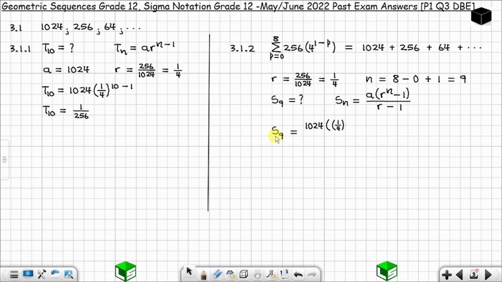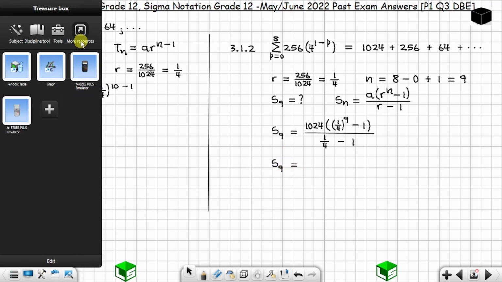So this is to the power of 9 minus 1. You close the bracket over R minus 1. R is the common ratio, so this is the common ratio again, minus 1, right? And this is equal to, get a calculator, just plug everything in the calculator and you are going to get the answer. So S9 is equal to, let's use our calculator.